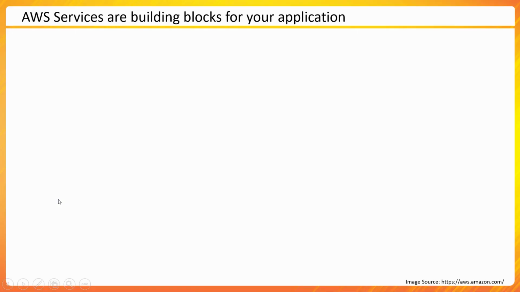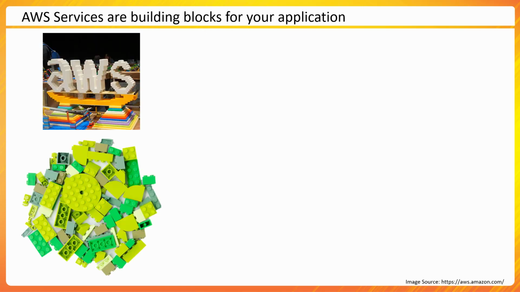Let's go forward and talk about how we would build applications. AWS services are building blocks for your application. We all have played with Lego, I'm pretty sure, right? Or maybe some of us still play, and I'm not judging anyone because I also play with that sometimes.